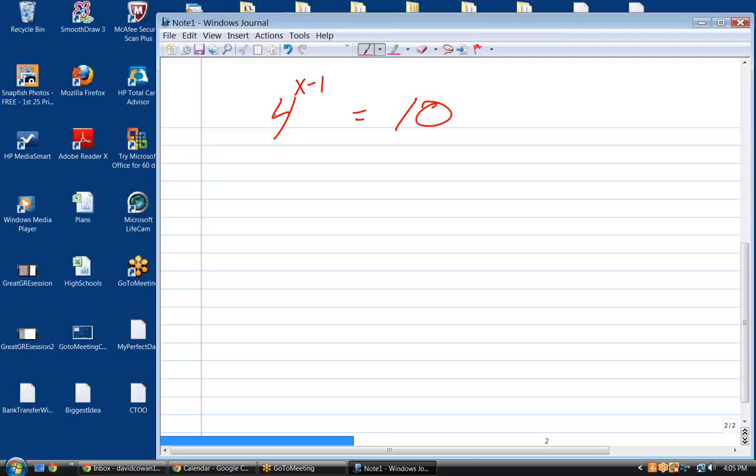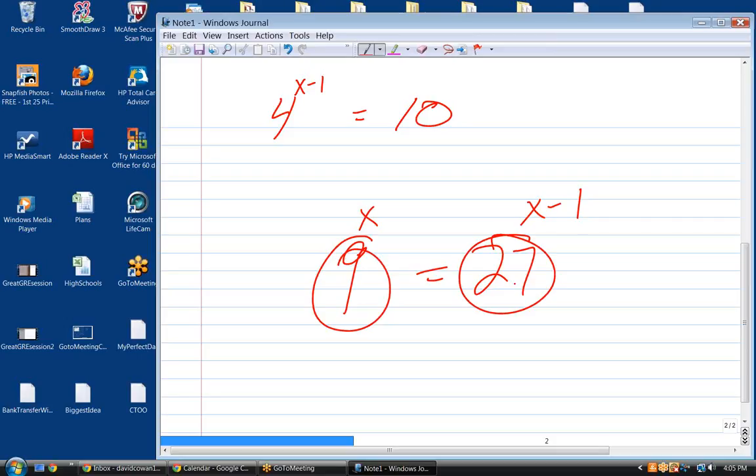Since neither of these numbers have a common exponential base, if they did, I could solve it without using logs. In other words, let me just give you an example. If I had 9 to the x equal 27 to the x minus 1, both of these numbers have a common exponential base of 3. So I can let the 9 be 3 squared to the x power.